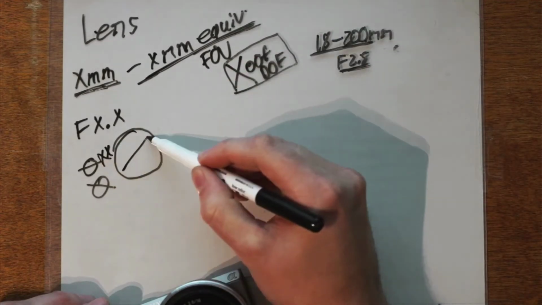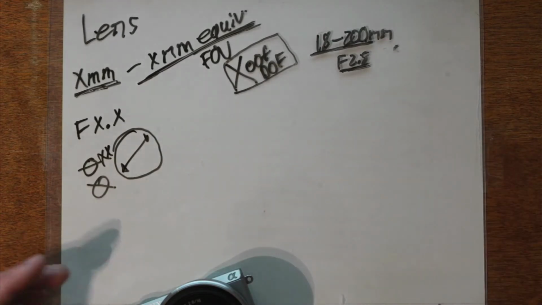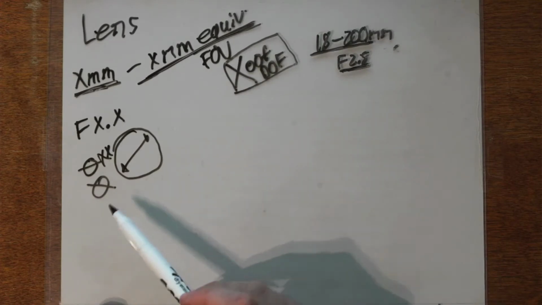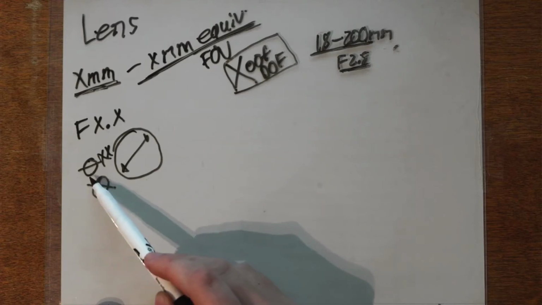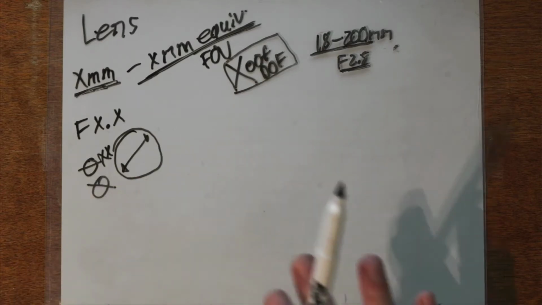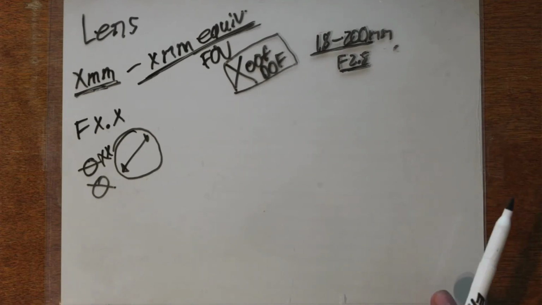That's just the diameter of that piece of glass, and then you can go on Amazon or whatever and just buy that piece of glass that fits that. If you buy the wrong size, it will not fit because there's screws in there. So realize that if you see this little symbol, this is just diameter. It's just the piece of glass that goes on the front of the lens. It's not really terribly important to the quality of a lens.